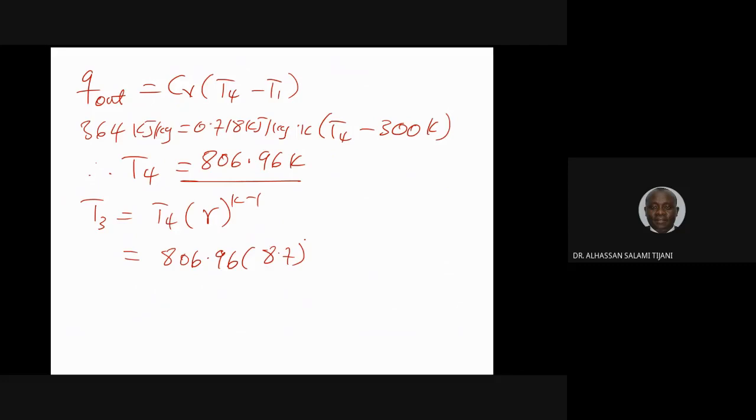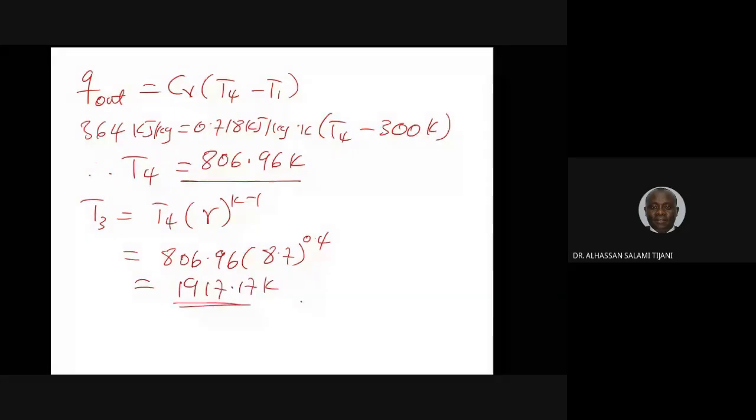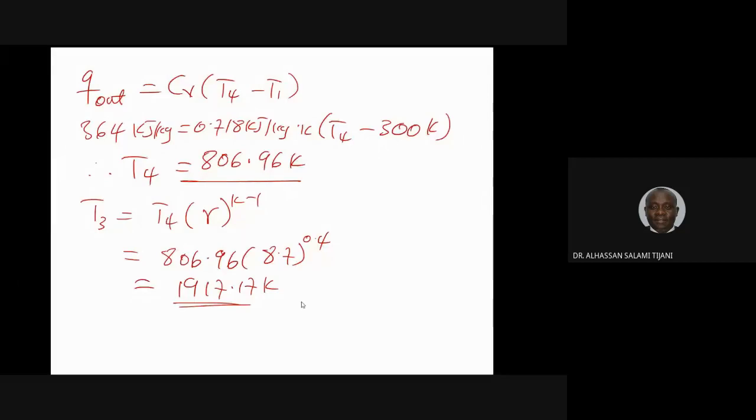So then we will have T3 equals 1919.17 Kelvin. Okay, so this is the value for T3, right? So now we know T1, T2, we know T3, we know T4. So now the whole thing becomes very easy.